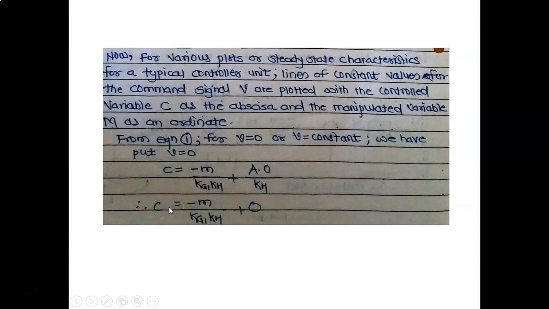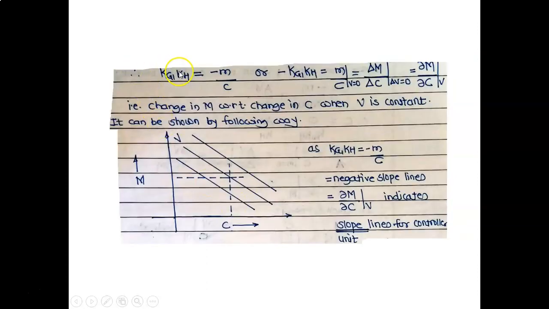Therefore, C is equal to minus M divided by Kg1 into KH. Therefore, Kg1 into KH is equal to minus M divided by C, or minus Kg1 KH is equal to M divided by C at V is equal to 0, which is equal to delta M divided by delta C at delta V is equal to 0, which is equal to dou M by dou C at V is equal to 0. That is, change in M with respect to change in C when V is constant.